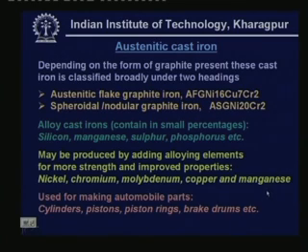So, that gives an idea that when we talk about austenitic cast iron, even in cast iron you can add some amount of alloying materials to change its properties.